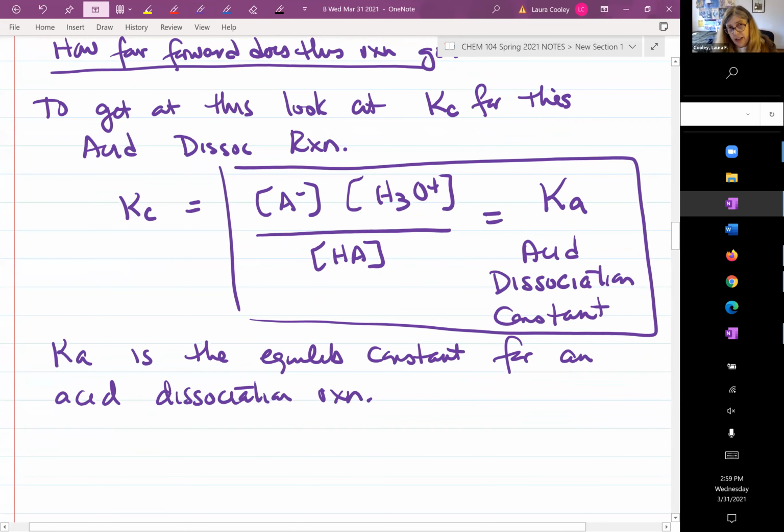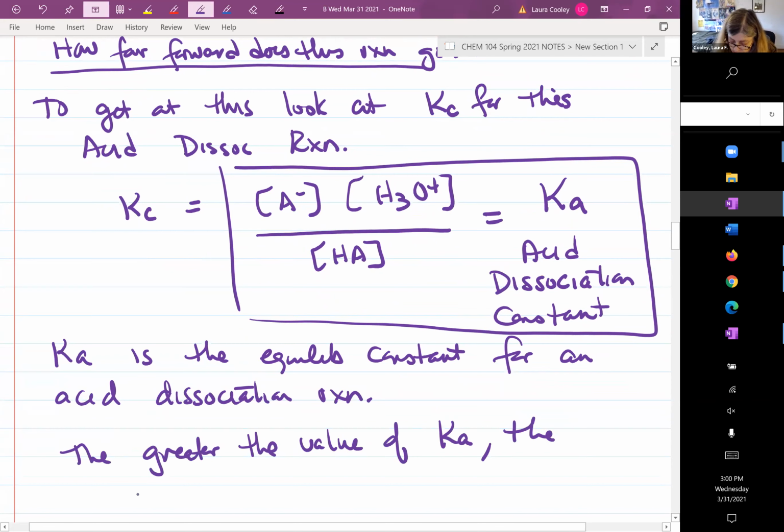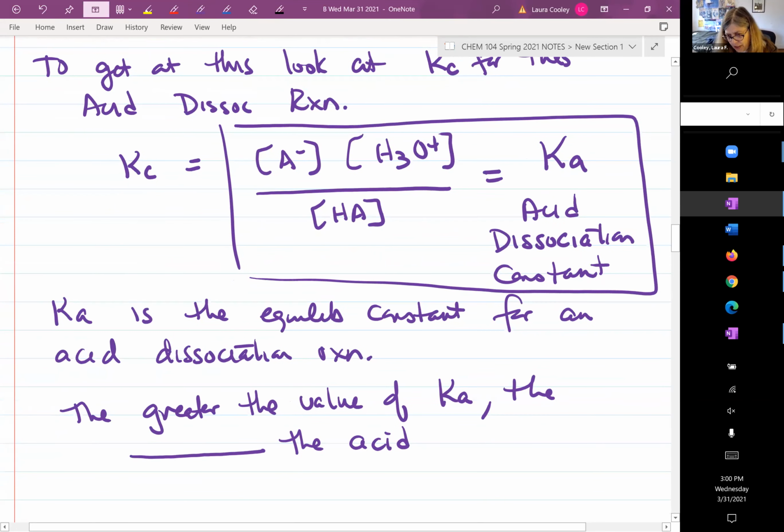And the fact is that the greater the value of Ka, what do I put in here? Stronger or weaker? The stronger the acid or the weaker the acid?